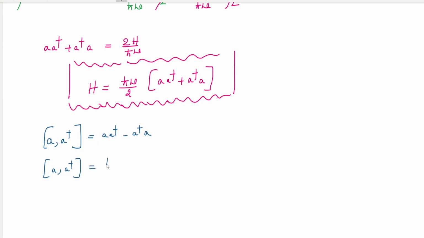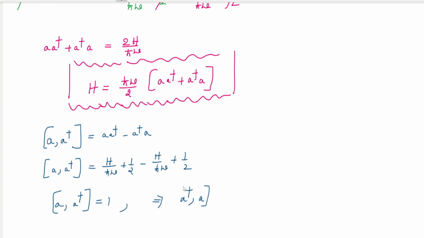The product we know already: H divided by h cross omega plus 1 divided by 2 minus H divided by h cross omega minus 1 divided by 2. Then we get one important piece of information: A A dagger equal to 1. Similarly, you can get A dagger A equal to minus 1. This is one more important equation.